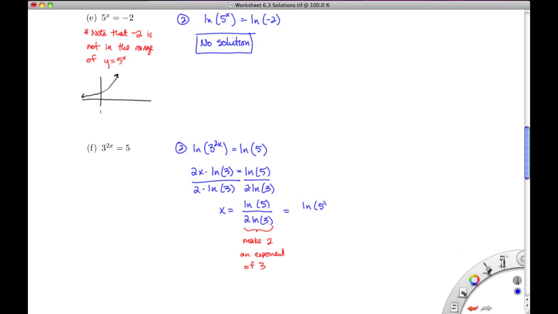So we'd have the ln of 5 divided by the ln of 3 squared, which would be the same as the ln of 5 divided by the ln of 9. All three of these are the exact same value if you type them in your calculator to get an estimation, but I have a feeling sometimes WebAssign will prefer this last version, the ln of 5 over the ln of 9. It looks cleaner anyway, but just so you know how that works.